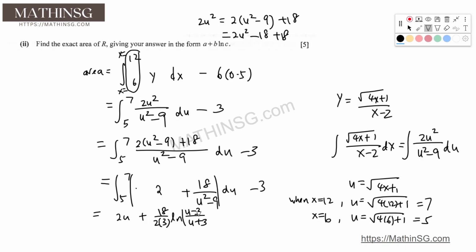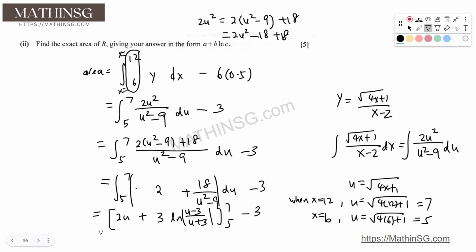So use your formula booklet. Then I need to sub it in from 5 to 7 because it is a definite integral. So essentially 18 over 6 is just 3, right? So just write it as 3.